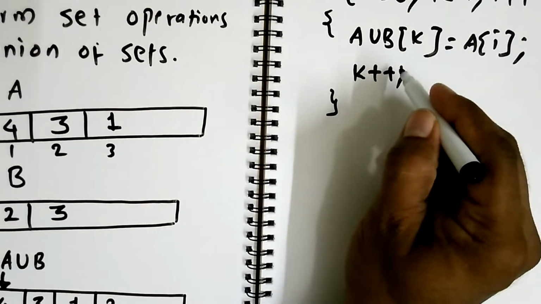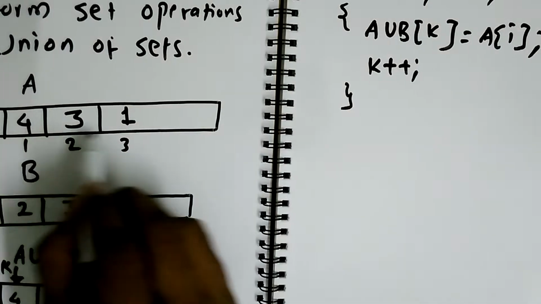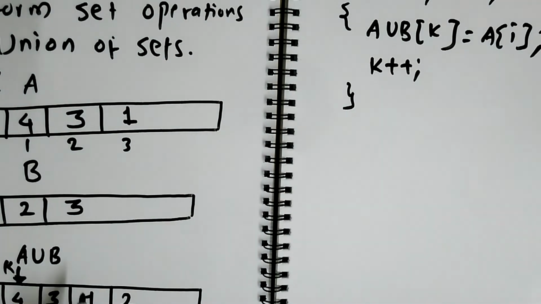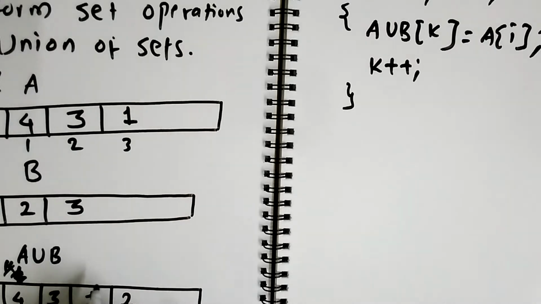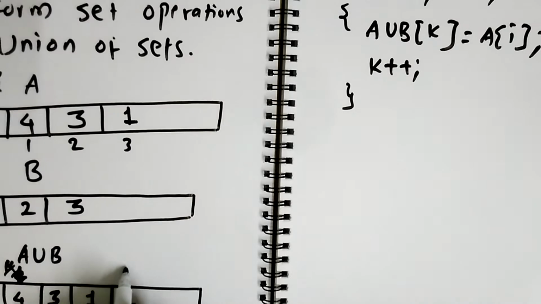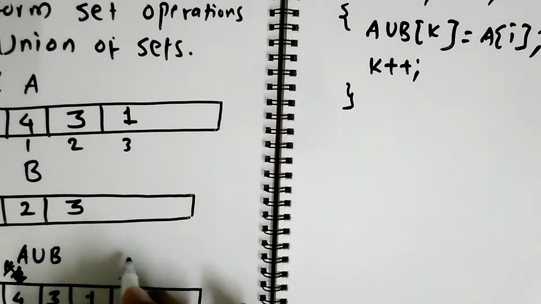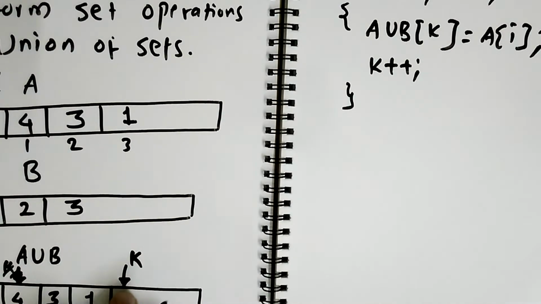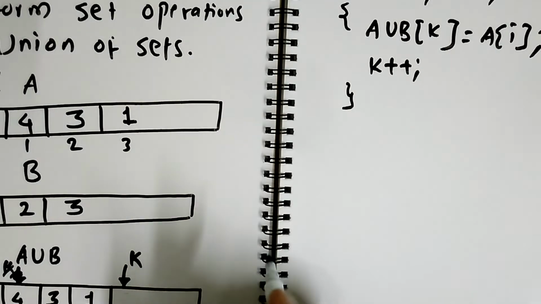Then this loop will continue and we'll have all the elements of A copied in this array A union B, and at the end of this I will have my k pointing to the next empty position.